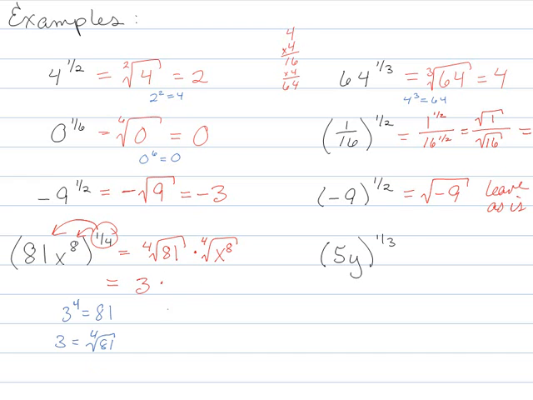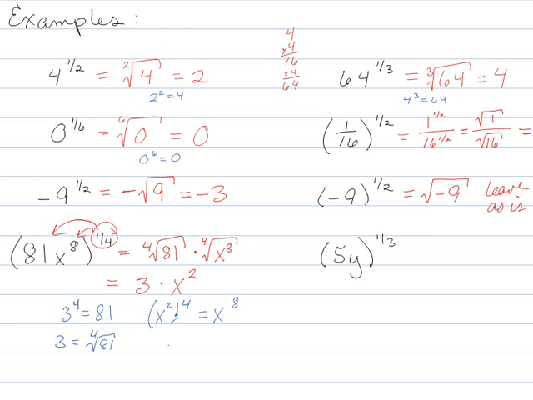There's a couple of ways to get the second one. I would probably just reason it out: what do I need to do 4 times to get x to the 8th? I take x squared and raise it to the 4th power, where those two will multiply together and give me x to the 8th.